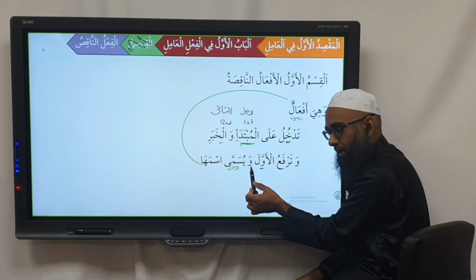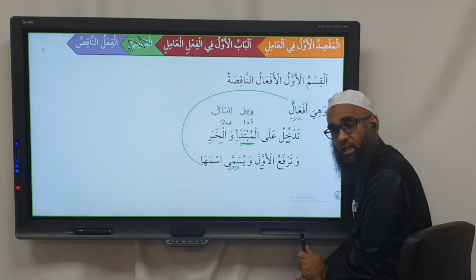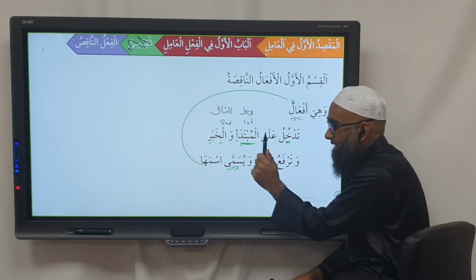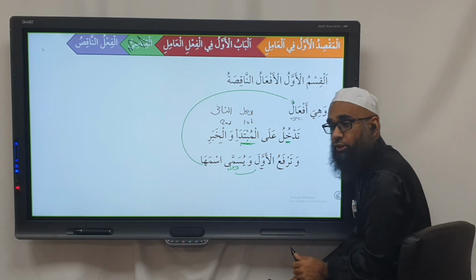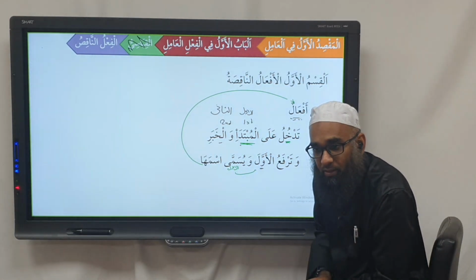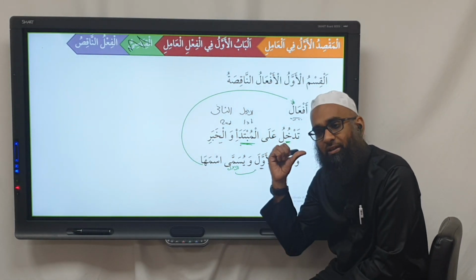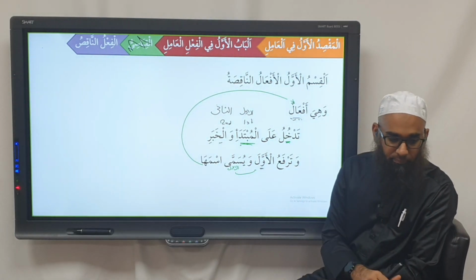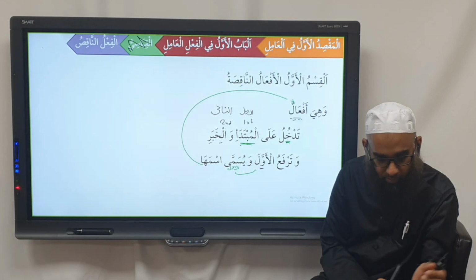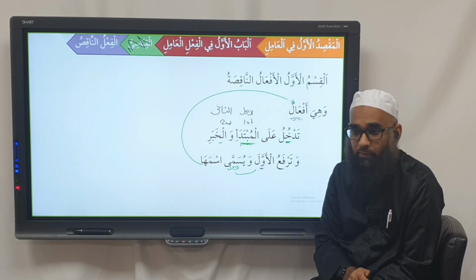Wa tarfa'u al-awwala, it gives the first, meaning the mubtada, rafa', it makes the mubtada marfu'. Wa yusamma, meaning the awwal. The first one is called, it's not called mubtada anymore, what's it called? Ismuha, the ism of the fa'il. You call it ismu kana, ismu laysa, etc. Do you understand? Everyone following me? Understood? Yes.